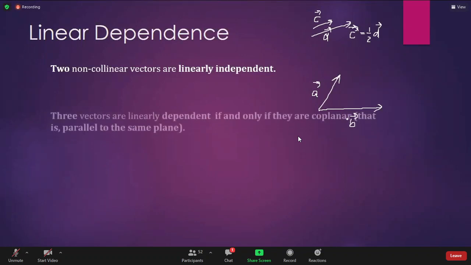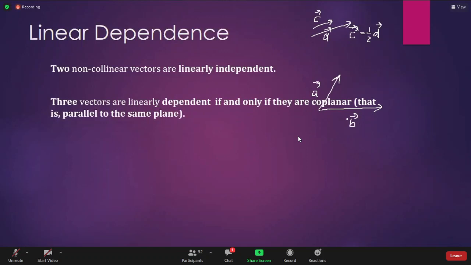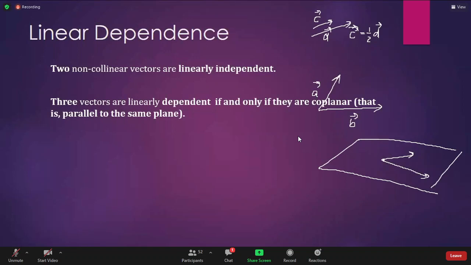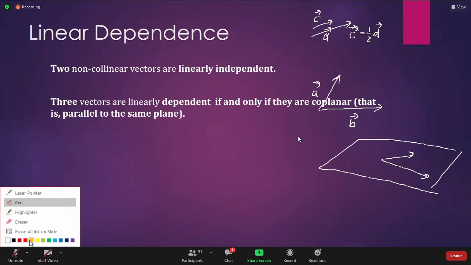But then there's another new interesting thing. Three vectors are linearly dependent only if they are in the same plane. In other words, if I have two vectors in the same plane, I am now sketching, for example, two vectors in the same plane, and the third vector is going out of this plane.